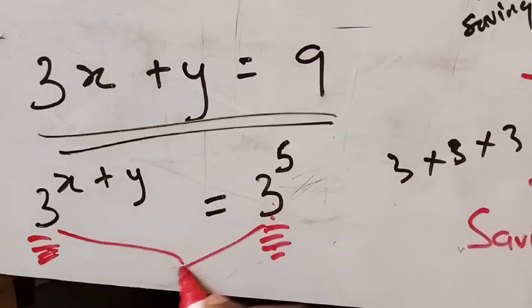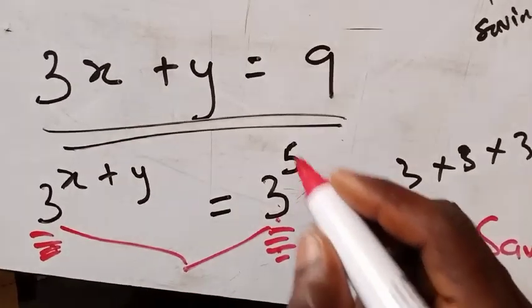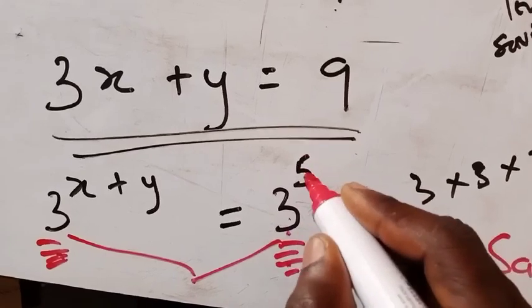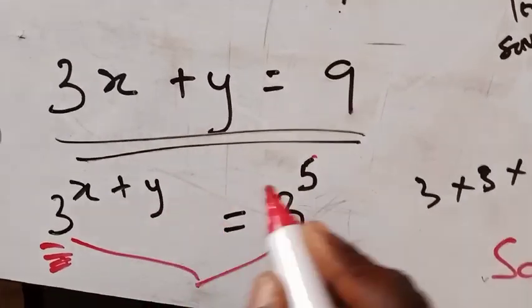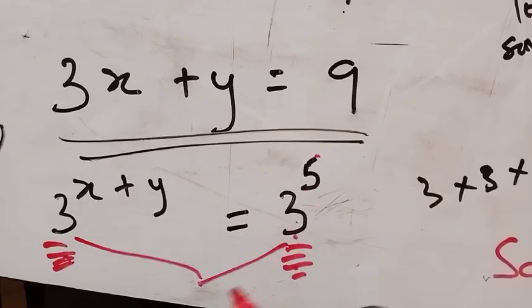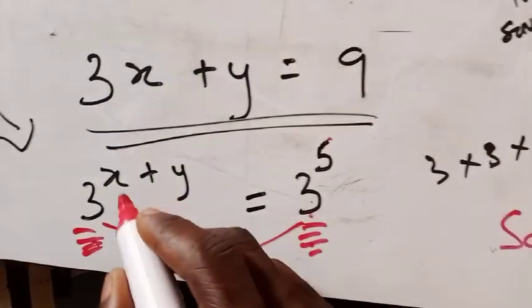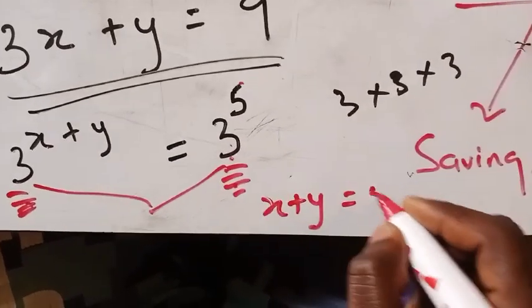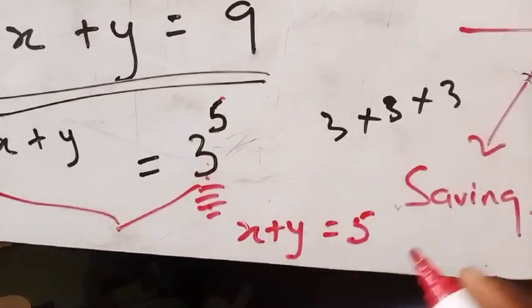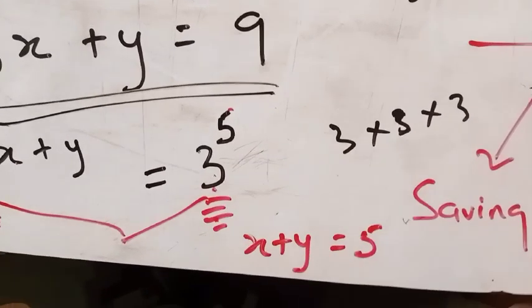So 3 and 3, the same father here. He already has a son or a daughter somewhere, that is the one at the top here. It's the same father, so the children are the same. They all belong to the same father. So we can easily say from here that we have x plus y equal to 5, right?